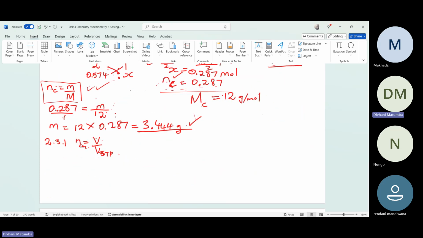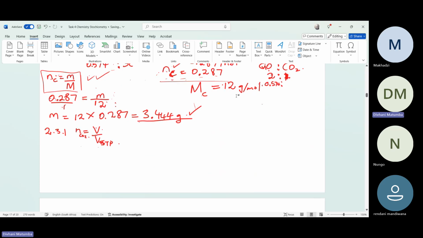Okay, for Makazi's sake, let us do it. The ratio of copper oxide to CO2 produced is actually 2:1. The number of moles of copper oxide that we have calculated was 0.574.